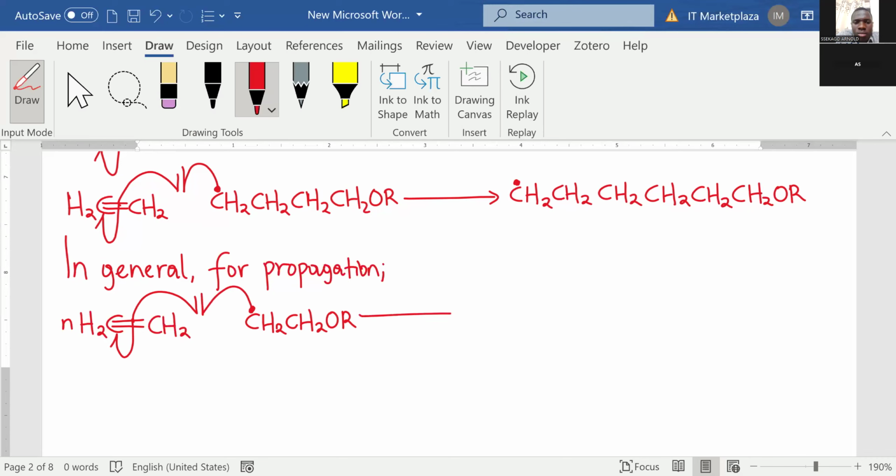So in general, if you look at these subsequent products that have been forming, which ones in particular?